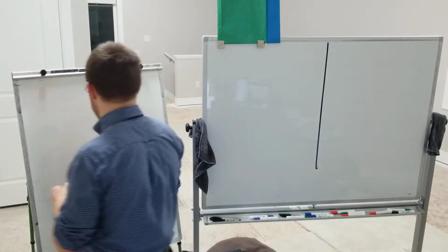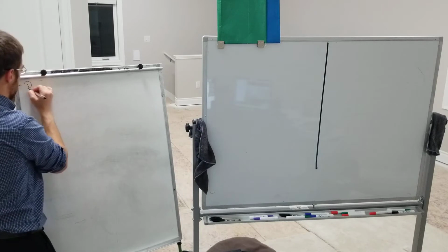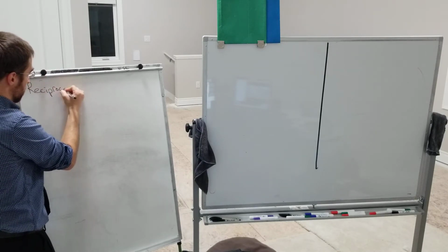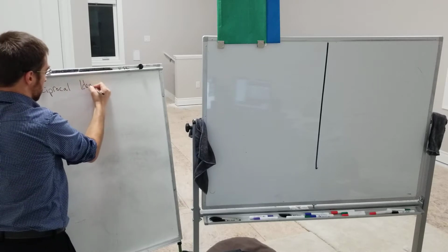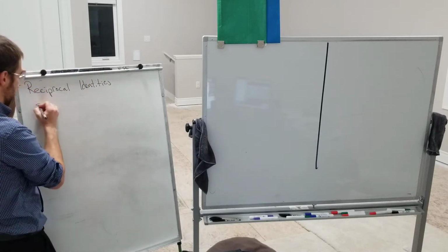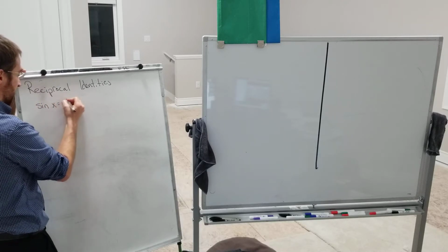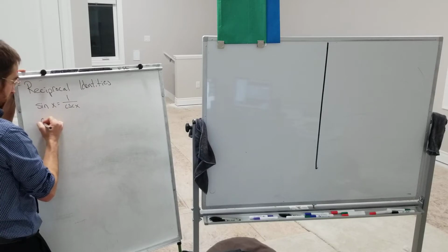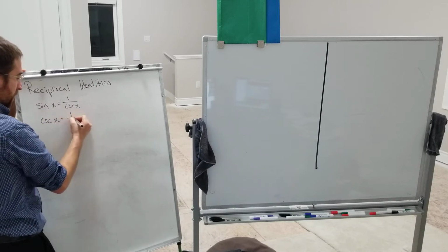So we have the reciprocal identities. These are just the ones that tell us like sine of x is 1 over cosecant x, and cosecant x is 1 over sine x.